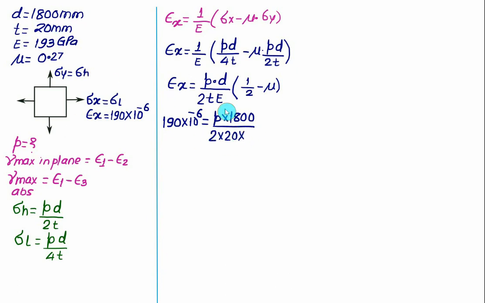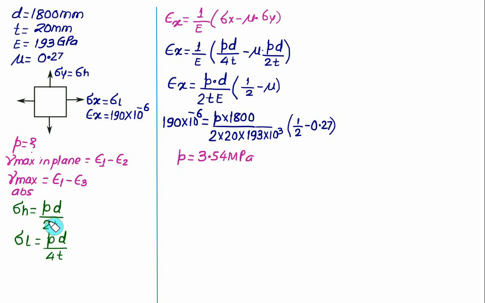Young's modulus you take in megapascal, 193 into 10 to the power 3, multiplied by 1 by 2 minus the Poisson ratio. Poisson's ratio is 0.27. You solve this equation and we get the pressure in megapascal. So the pressure P is approximately equal to 3.54 megapascal.